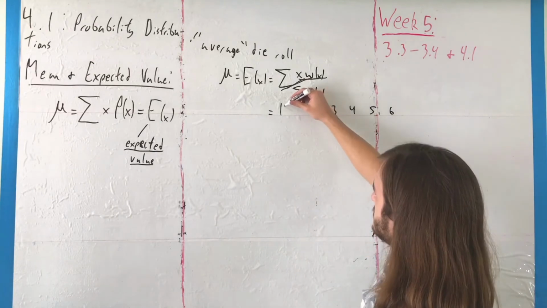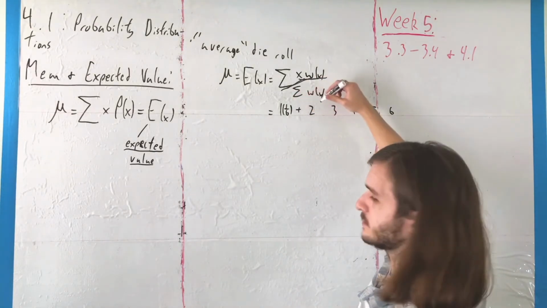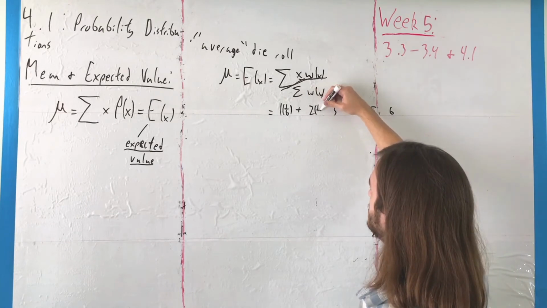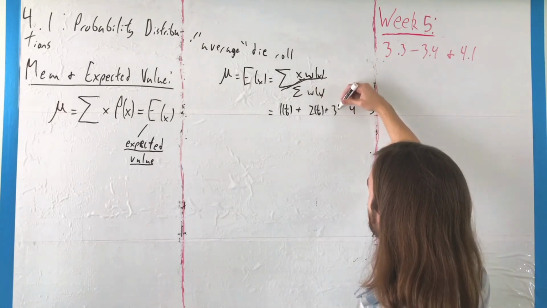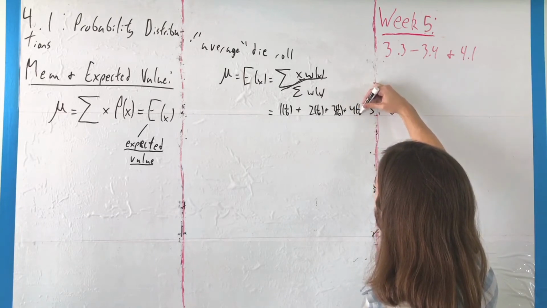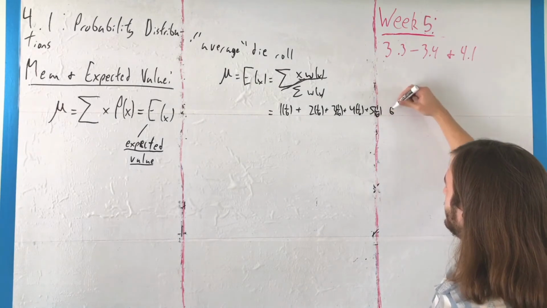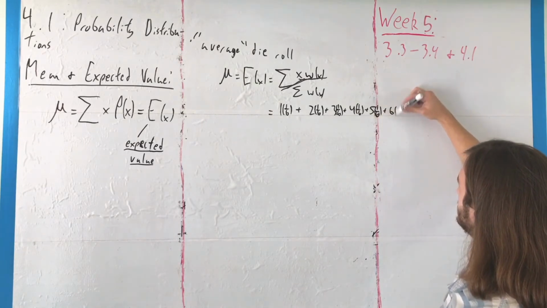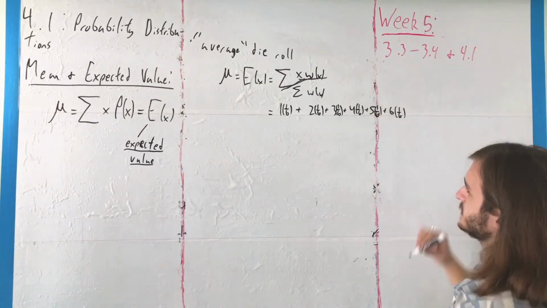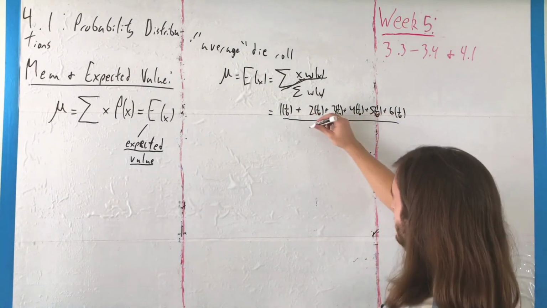And each of the weights associated to them is 1/6, because we're proceeding classically, that each of the dice rolls are equally likely. So you've got a whole bunch of things multiplied by 1/6, and then divided by the sum of the weights, but all the weights are the same.